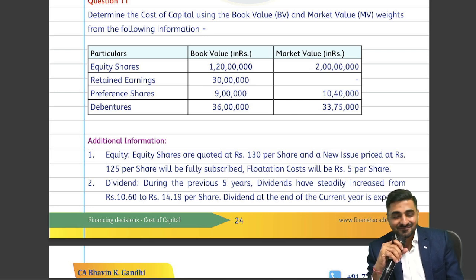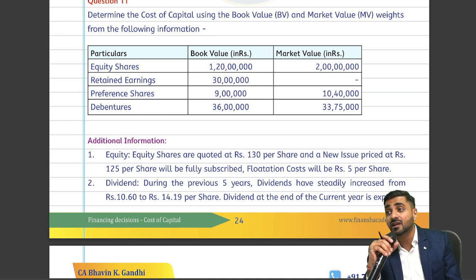Now, here also we calculate the book value weights and market value. Tell me, do you have book value, retained earnings, preference, debentures, yes or no? Yes, sir. Market value weights, you can. Is there any retained earnings market value weights?